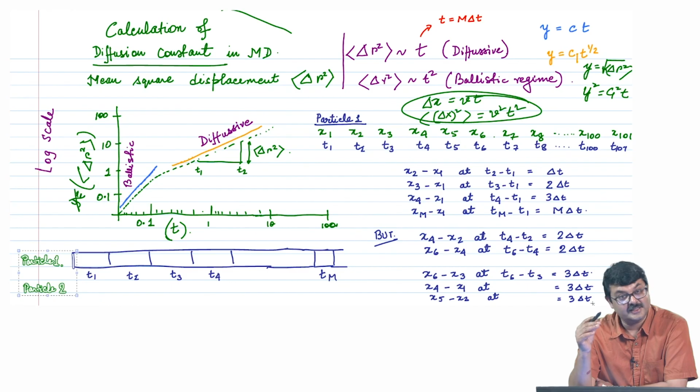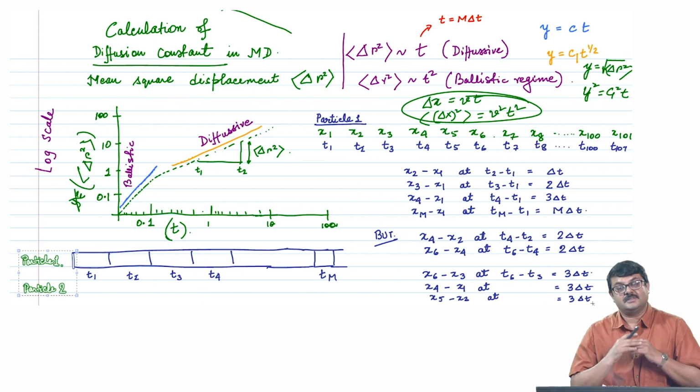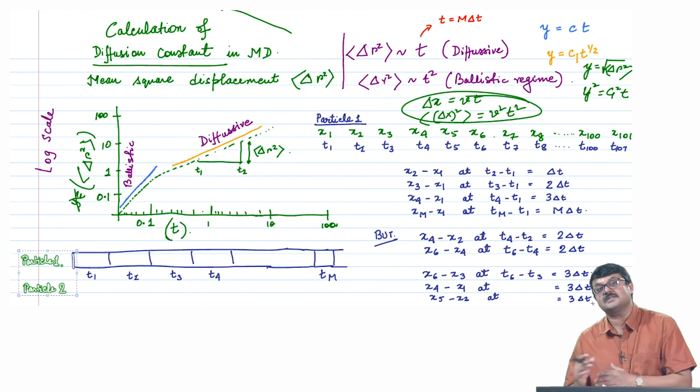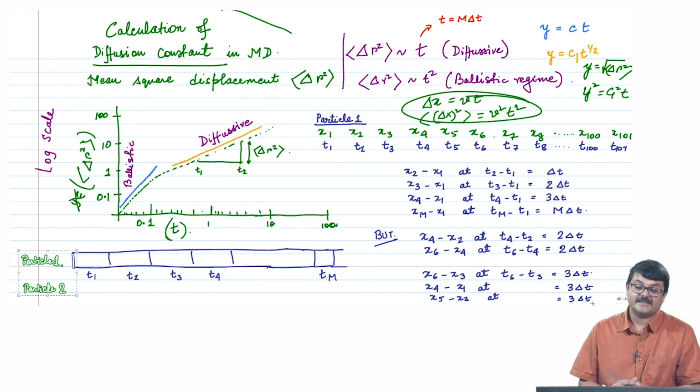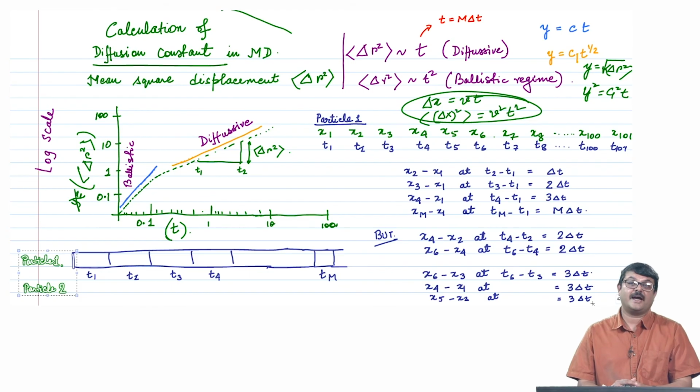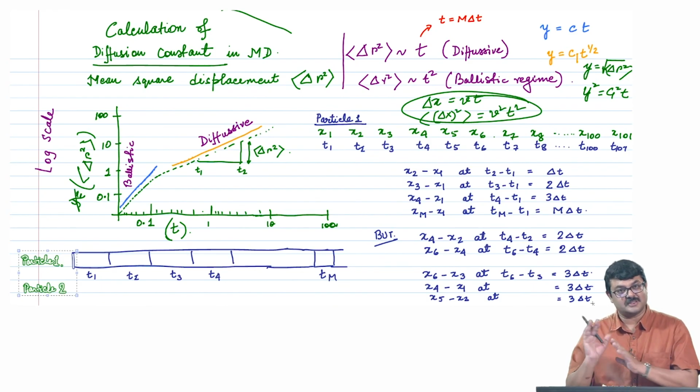You have to do molecular dynamics simulations with different initial conditions, and average not only over the trajectories of different particles, but also over independent runs of the molecular dynamics simulation, so that you get a good average over independent trajectories with different velocities and different positions.